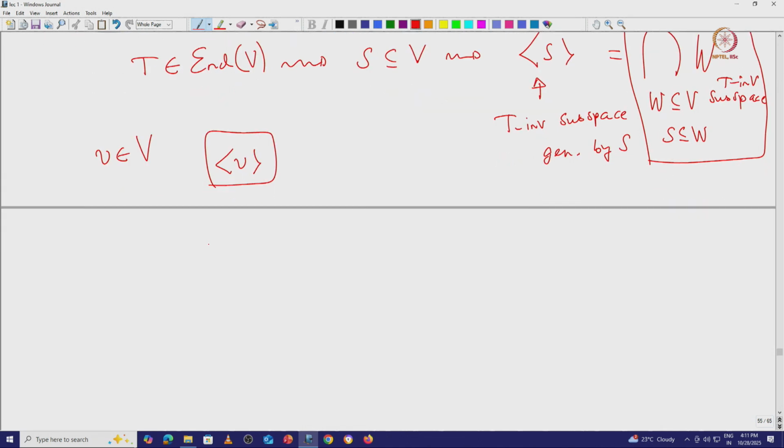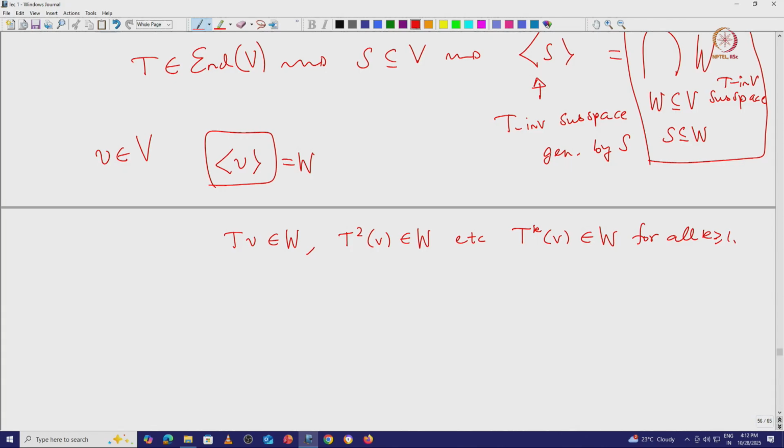If W is a T invariant subspace containing v, then Tv must be in W, T applied twice on v must be in W, and so on. Any power T^k applied on v must be in W for all k greater than or equal to 1.